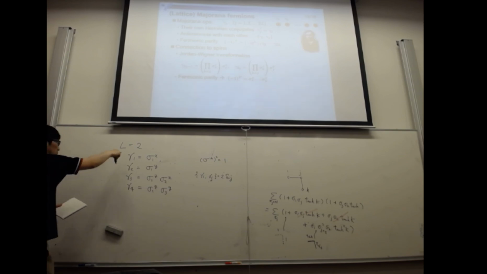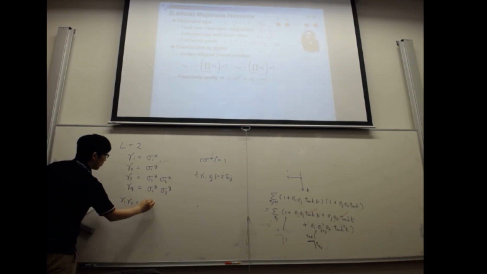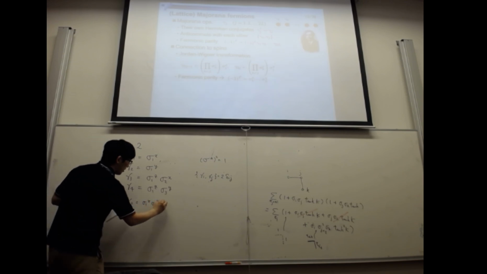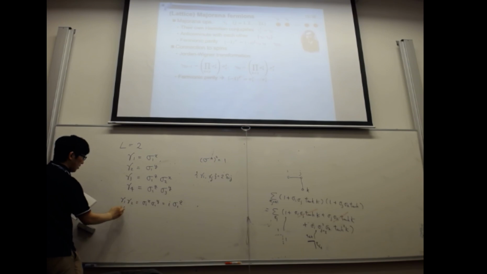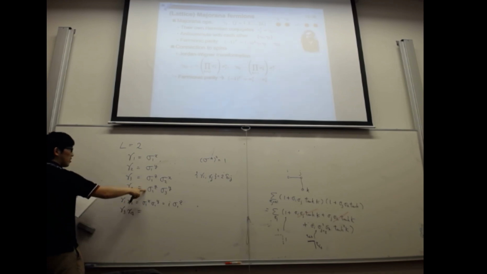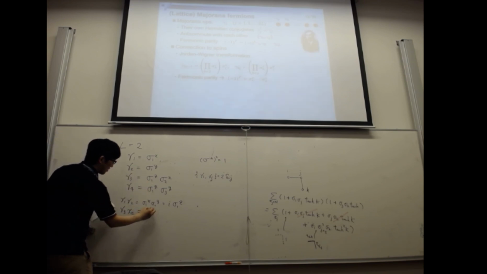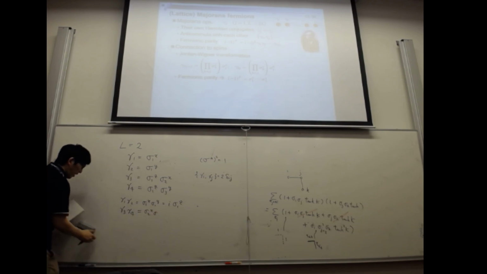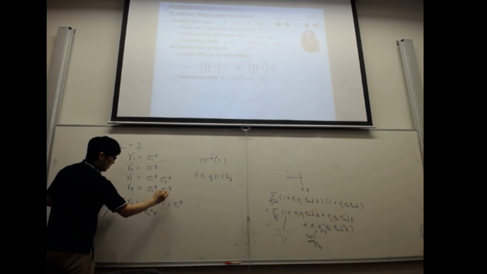And if you consider the product of them, then gamma 1 gamma 2 is sigma 1x sigma 1y, but this is i times sigma 1z. And similarly, if you consider the product of gamma 3 and gamma 4, then sigma 1z squared is 1. So we just get sigma 2x, sorry, this is my mistake, sigma 2x sigma 2y.